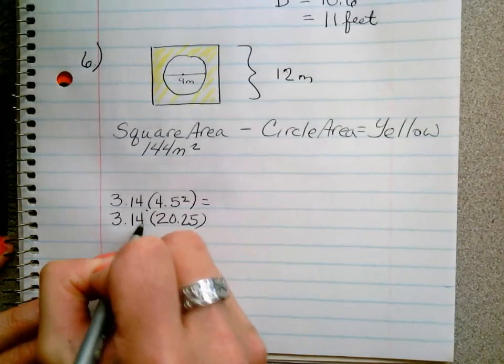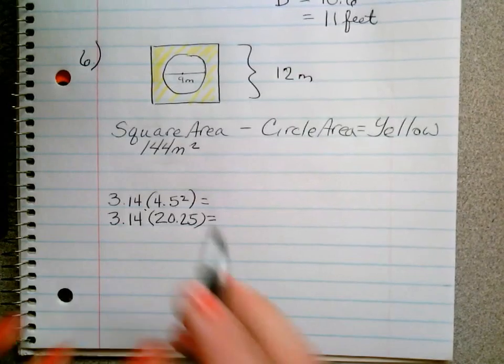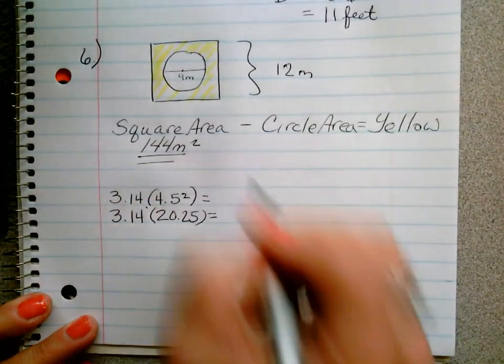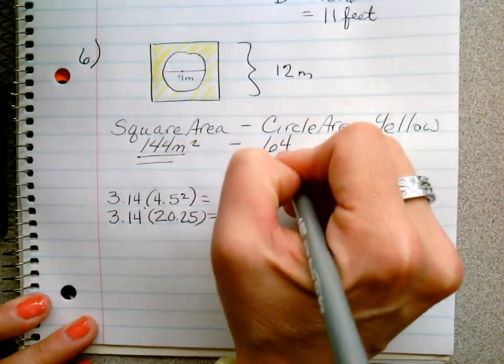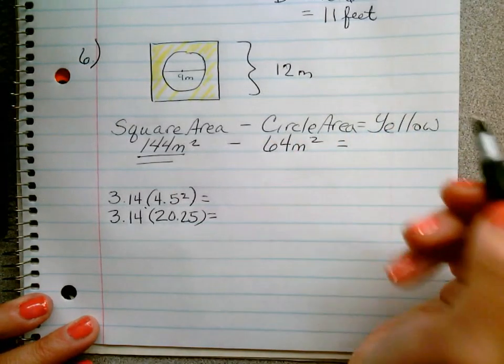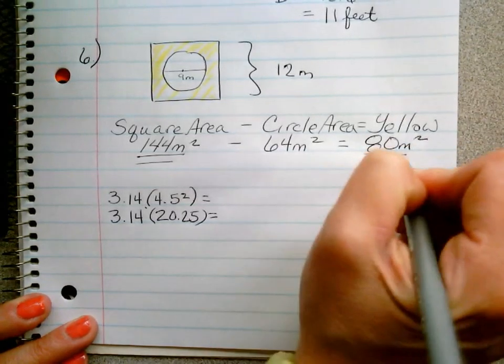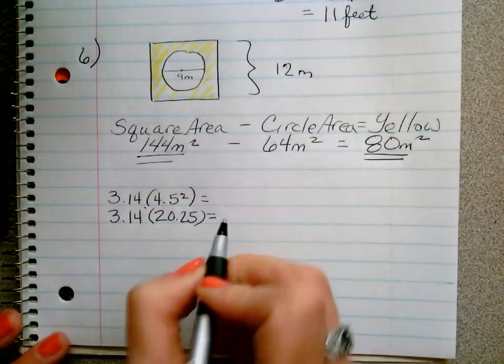Take that number and multiply it by 3.14, and what do you get? About 64-ish? Okay, so the square's area is that, the circle's area is that, the difference between the two is about 80 square meters.